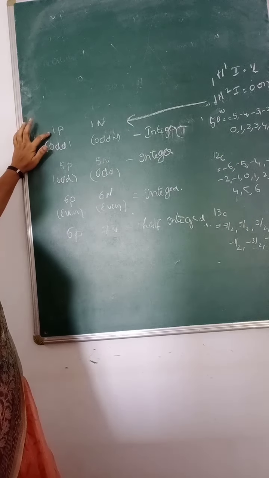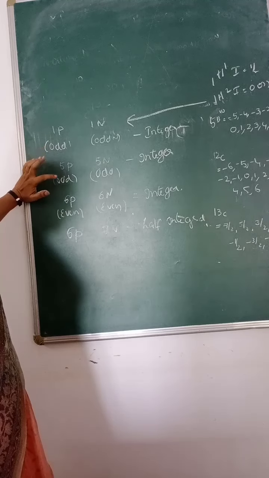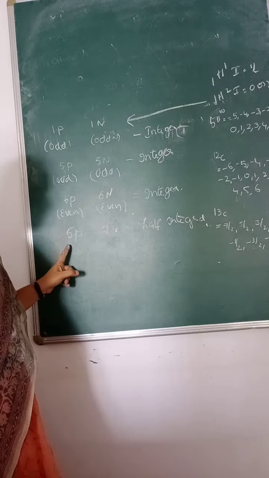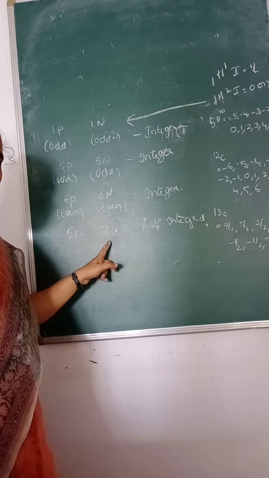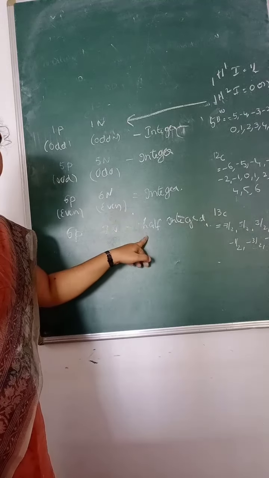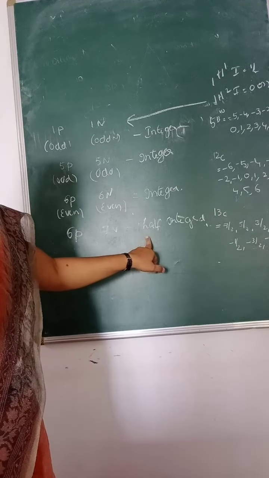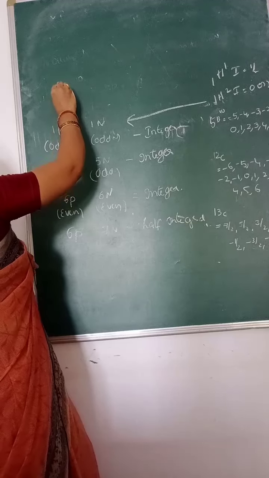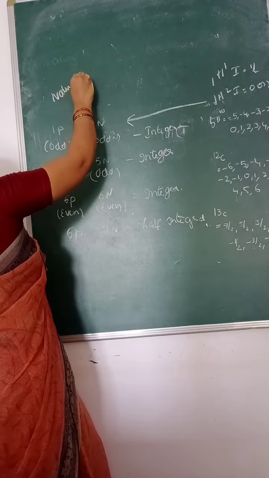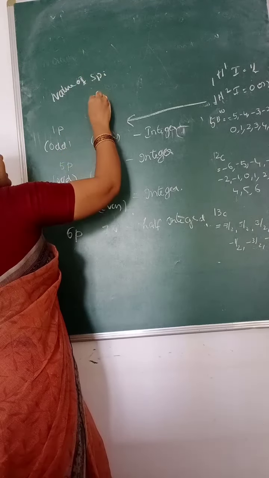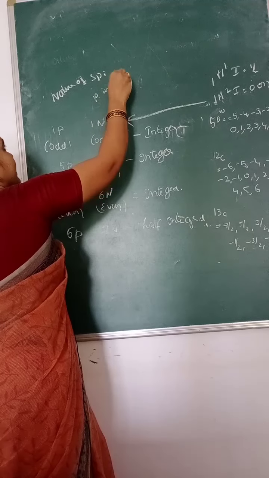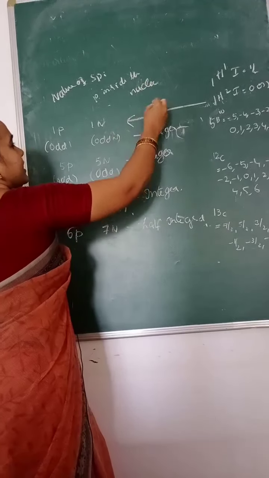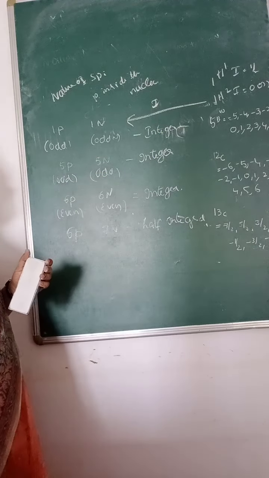All these cases are for deuterium, boron and carbon. For the nucleus having an even number of protons and an odd number of neutrons, the resultant nuclear spin may be half integral values. So this is regarding the nature of spinning particles inside the nucleus. These are all the nuclear spin values.